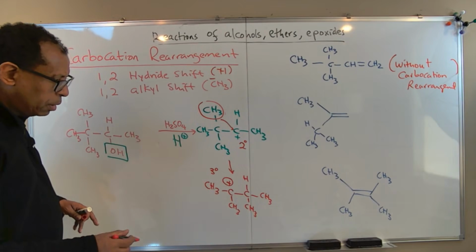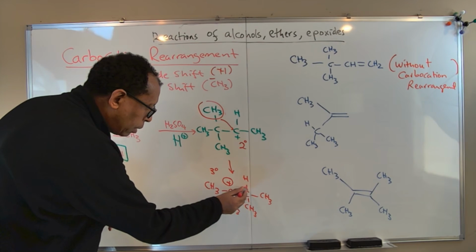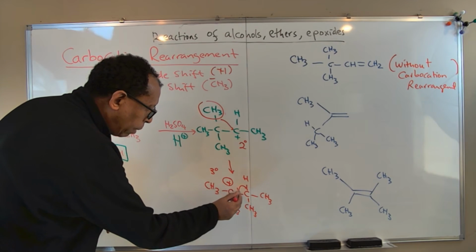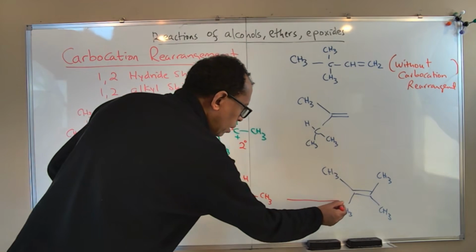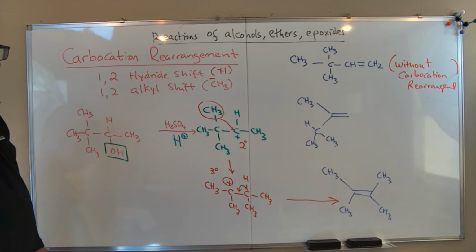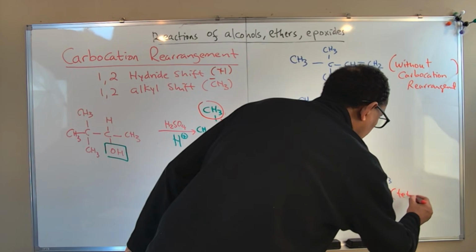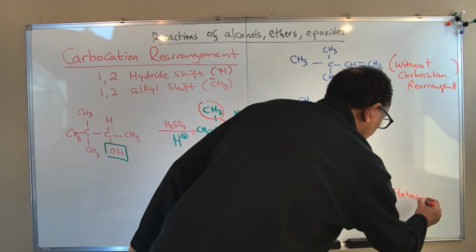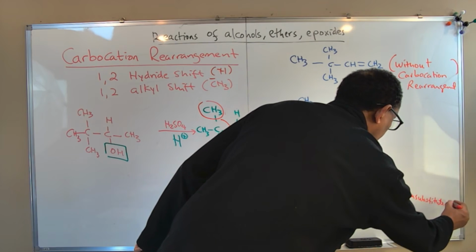For example, if you just lose this hydrogen to make a bond here, you get this product, a very stable tetra-substituted alkene.